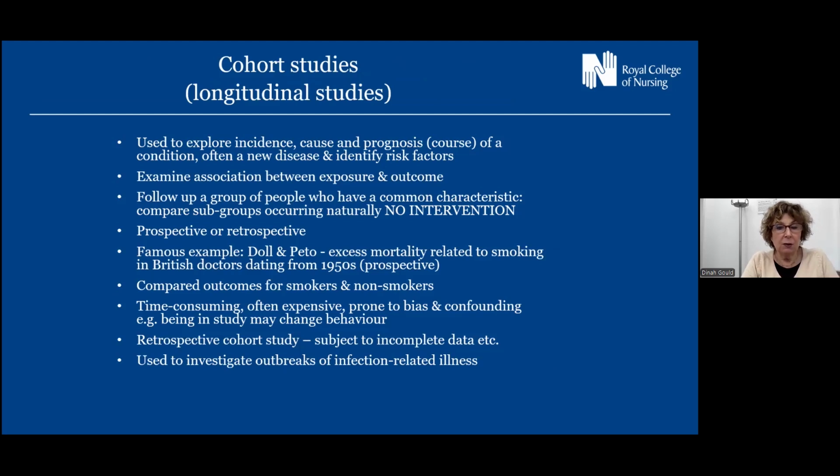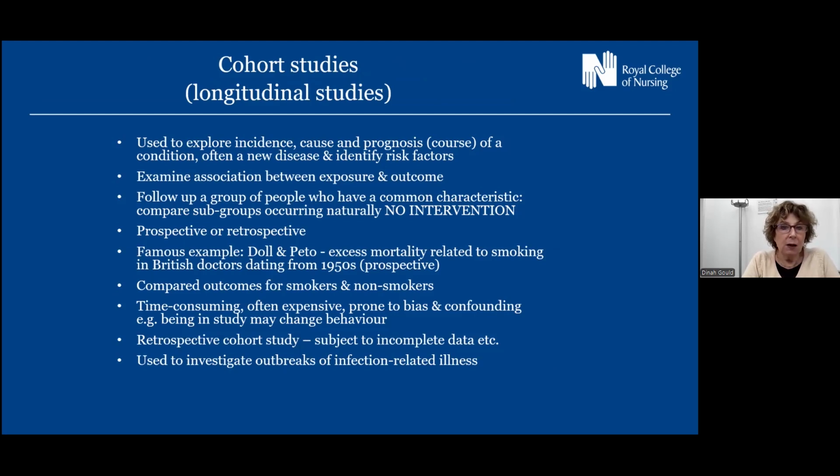Cohort studies are sometimes called longitudinal studies, and they come quite low down in the hierarchy, but they can be very useful, and they are very widely done. They're used to explore the incidence, the cause, and the course of a condition, often a new disease, and to identify risk factors for that disease.